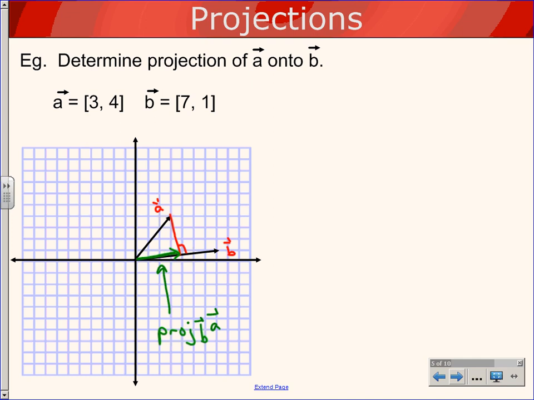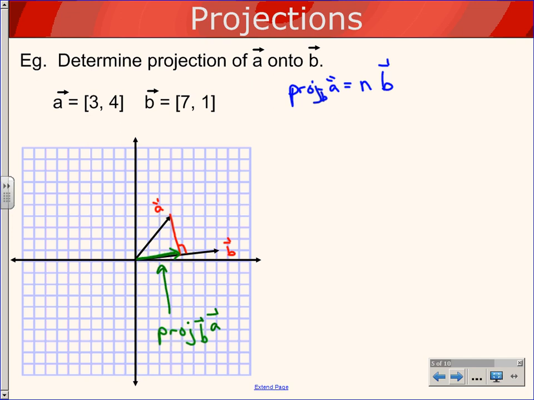Now, something to keep in mind: we can see vector B, right? We know that its components are 7, 1, and this green vector is collinear to it. It's in the same direction. So this will certainly be true. The projection of vector A onto vector B has to be some multiple of vector B, right? In fact, it looks like in this case it's smaller, right?